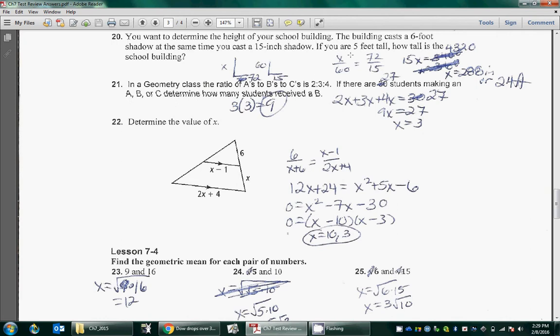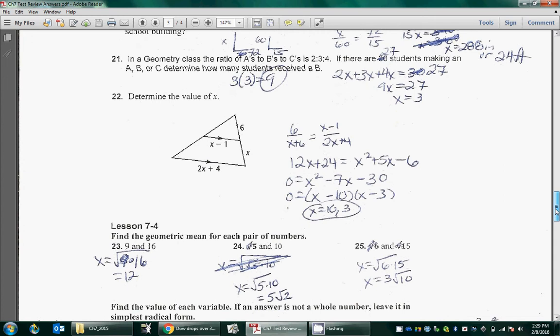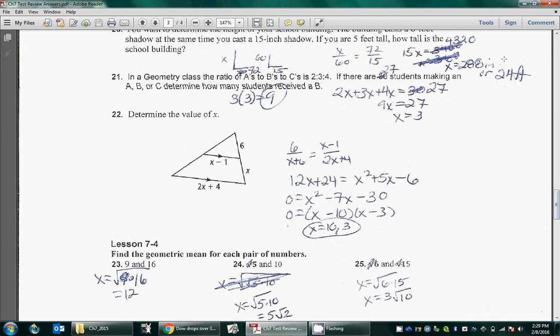At this point, you should know how to cross multiply. x times 15 is 15x. 60 times 72 is 4,320. You'll have to excuse my math there. When I did the key, I didn't have a calculator. Which reduces down to 288 inches. I would accept that since I didn't say what units it is. If you want to divide by 12 to get it into feet, 24 feet. That works.